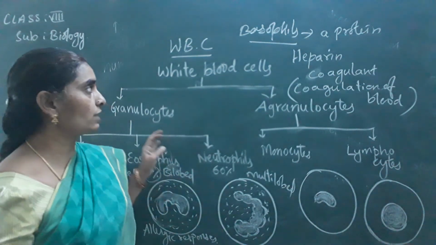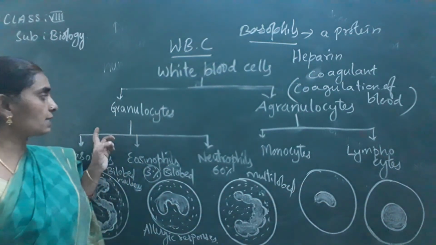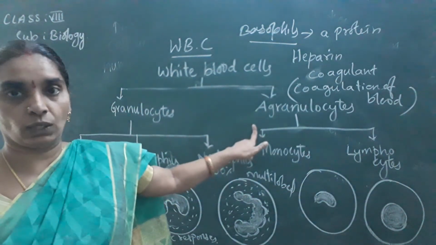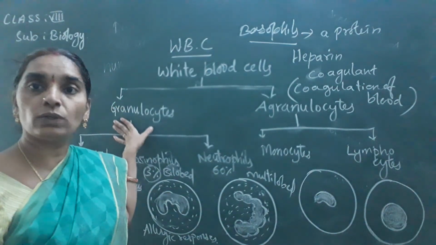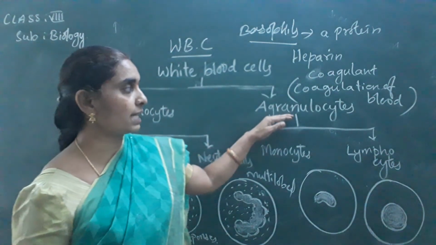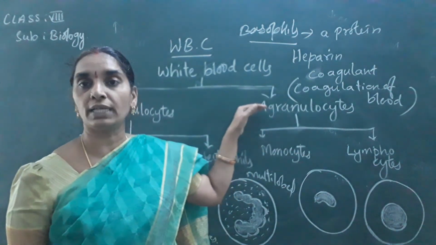Coming to the white blood cells: granulocytes are the cells in which the granules are present. Agranulocytes, as the name tells, do not contain granules.